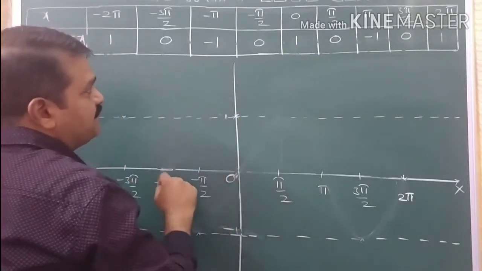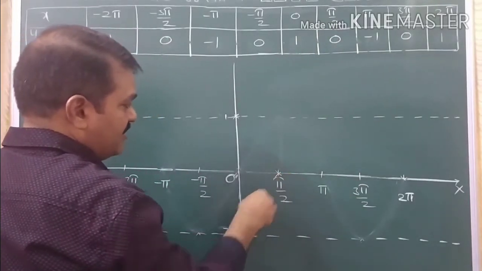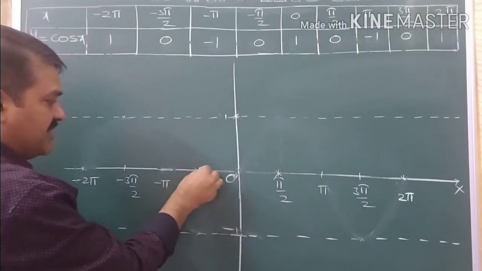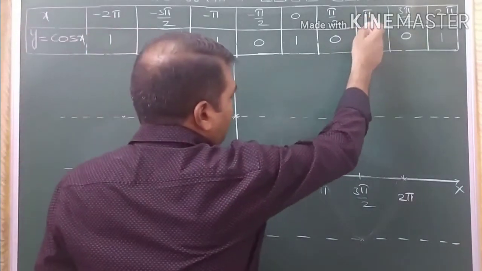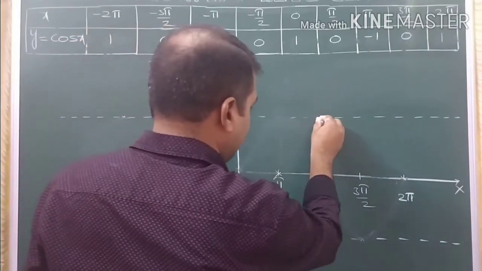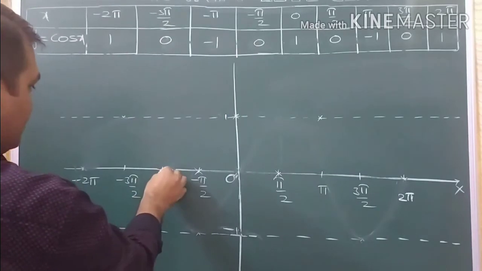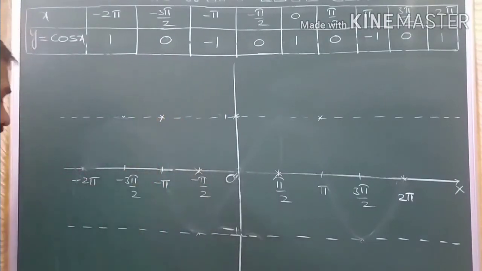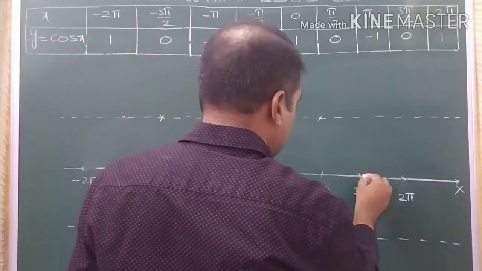This is the point. For x is equal to pi by 2, y is 0. So this is the point. Even for minus pi by 2, we will get the same thing. For x is equal to pi, y is -1. So let me take the point here. For minus pi also, you will get the same thing. Next, for x is equal to 3 pi by 2, y is 0.